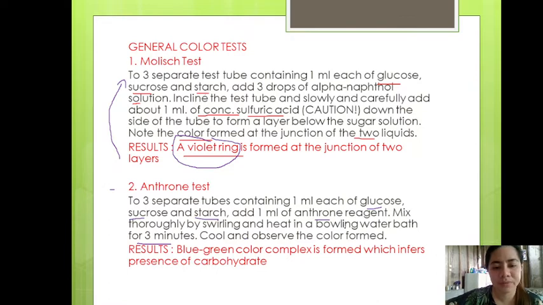Cool and observe the color formed. So, in the result, you have a blue-green color. A blue-green color complex is formed which indicates the presence of carbohydrate. So, remember, guys, in the anthrone test, the result is a blue-green color.